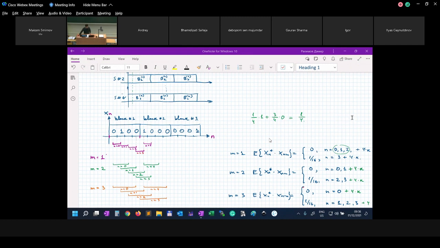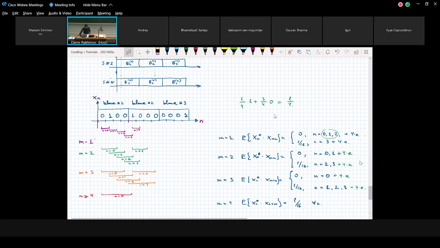Okay, why do we have 1 over 16? As we discussed previously, 1 over 16 is nothing else than the second moment. Oh no, it's not the second moment.